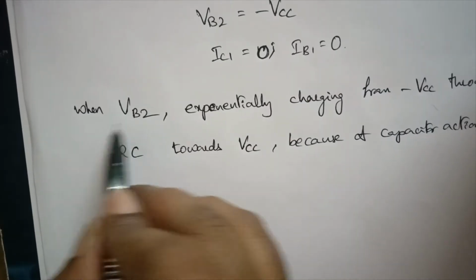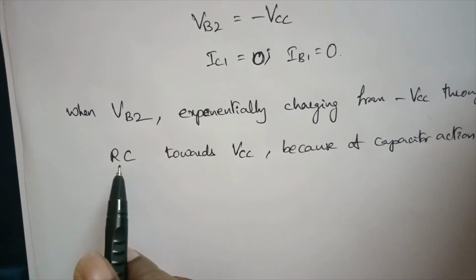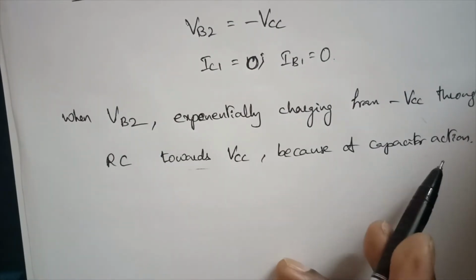What happened at this moment? What happened when VB2 exponentially charges from minus VCC through RC towards VCC? So this is possible because of capacitor action.